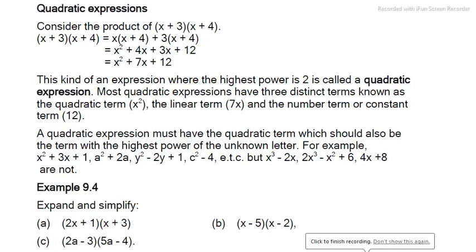Let us look at quadratic expressions, and we shall consider the product of two brackets, but these two brackets have a common variable, which is x. So if we expand these two brackets as we've seen before, we shall come up with a power.